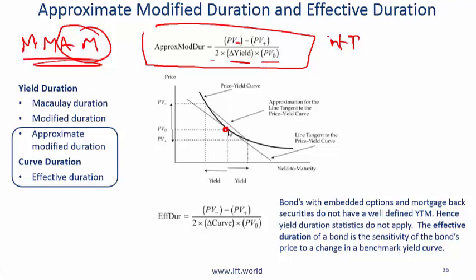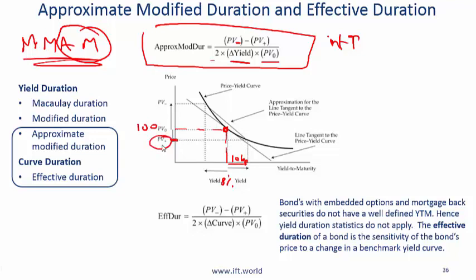So if you are initially at this point, where let's say that the yield initially is 8% and PV naught, the initial price, is 100, then you can shock the yield or increase the yield by, let's say, 10 basis points. 10 basis points means 0.1% or 0.001 in decimal. So that's what the delta y will be. If you do that shock and you get a certain PV positive, that will be given to you, for example.